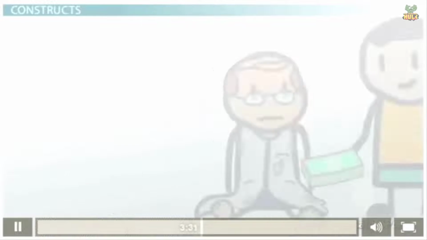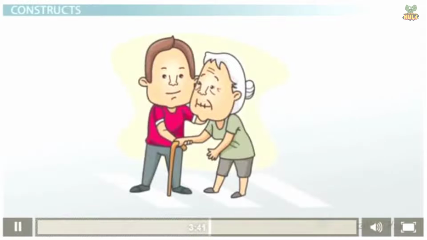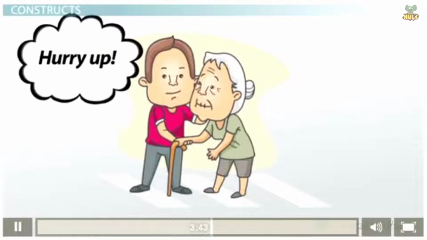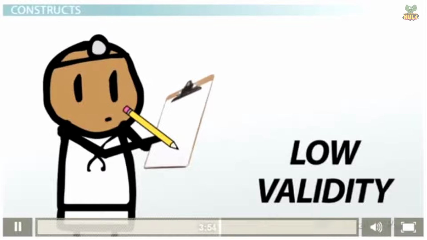For example, what if the person we saw giving the homeless guy $1 is helping because he wants to impress his date, not because he feels empathy? What if the person helping the old woman across the street is only doing it to clear the crosswalk so she can drive through it? Because we are always making inferences, and those inferences can be wrong, some measurement tools end up with low validity.